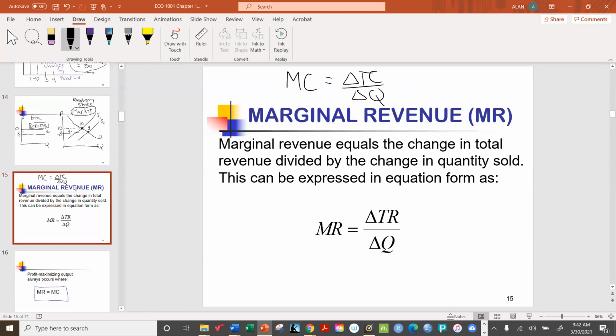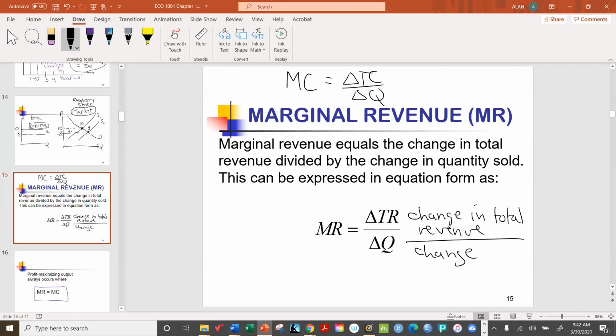Now, here we're going to formally define marginal revenue to represent the change in total revenue that results from selling one more unit of the product. And I want you to see how it is directly related to the marginal cost function that we saw earlier up here on the top, which is the change in total cost over the change in quantity.